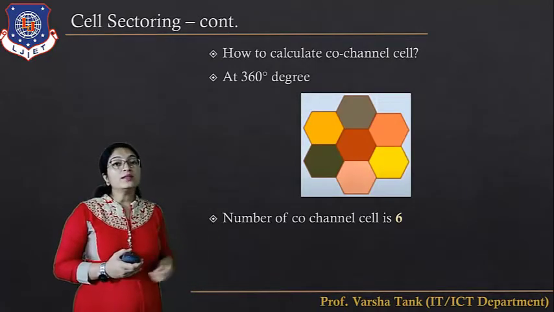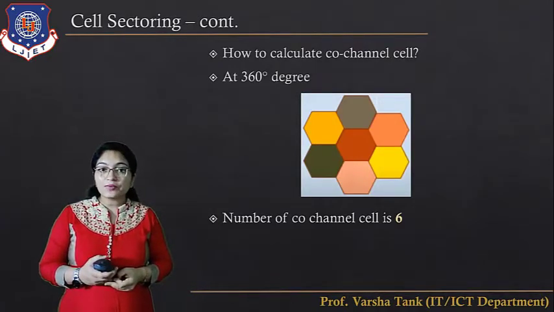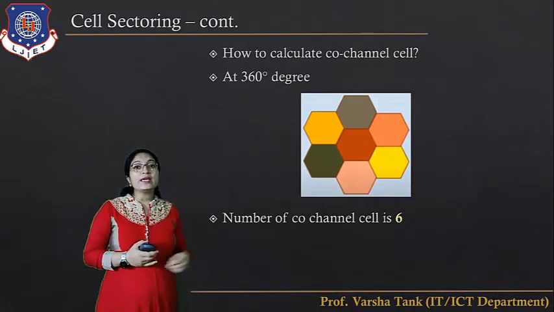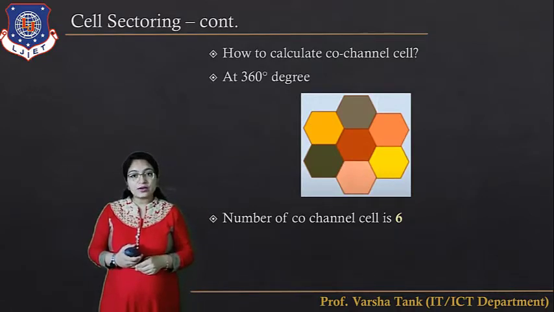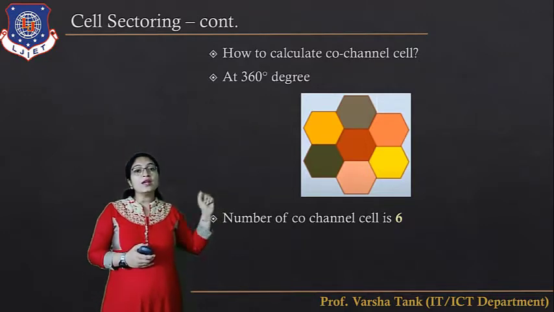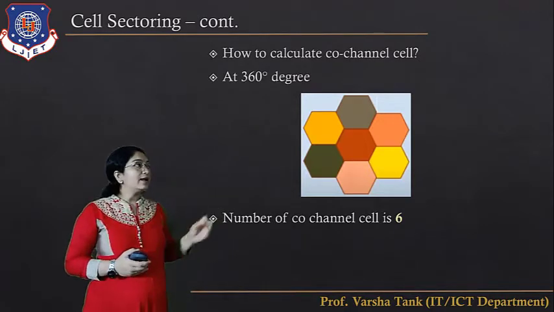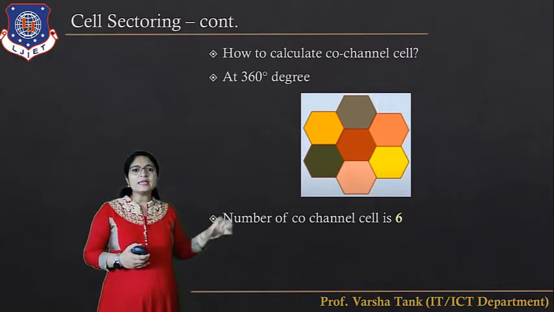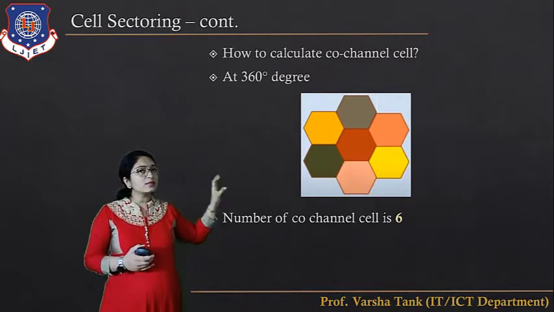Now, how to calculate the co-channel cells for each cell if we are using sectoring? If we are doing 360 degree sectoring, consider the middle red color cell that is sectored at 360 degree. That means we are not dividing it into particular sectors.